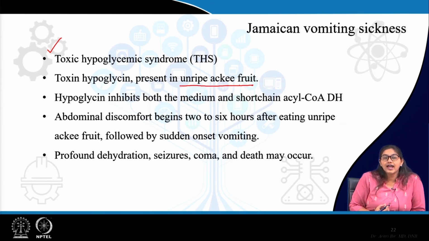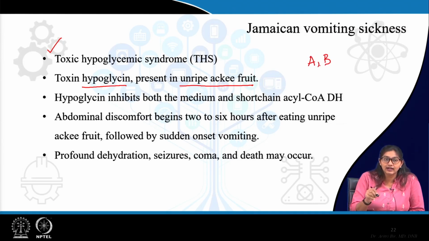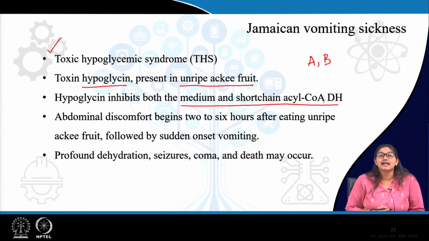Now, unripe ackee fruit, it contains one toxin known as hypoglycin, hypoglycin A and hypoglycin B. Both are toxic, and these hypoglycins, they inhibit medium and short chain acyl coenzyme A dehydrogenase. So, definitely there is beta oxidation defect.